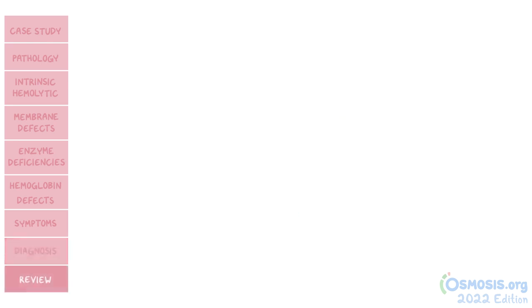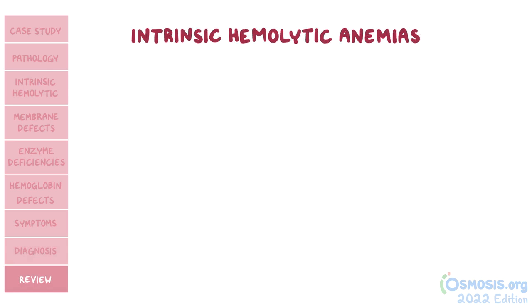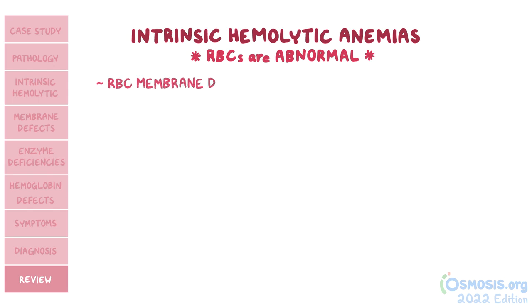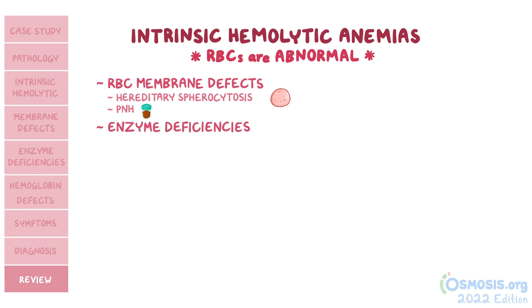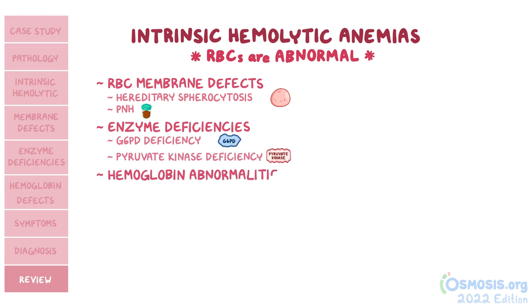Okay, to review. Intrinsic hemolytic anemias occur when RBCs are abnormal. There are RBC membrane defects, like in hereditary spherocytosis and PNH, enzyme deficiencies, like in G6PD deficiency and pyruvate kinase deficiency, and hemoglobin abnormalities, like in sickle cell anemia.